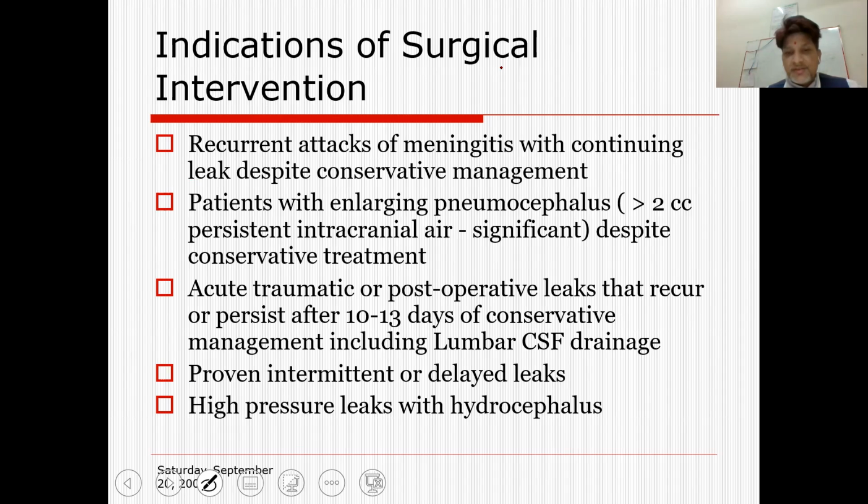Conchal cartilage and nasal septal cartilage are the two cartilages most commonly used for repair. Apart from that, artificial glue, also called fibrin glue, is used in layers. So this is not a single-layer repair. To have more success, you have to repair the leak in multiple layers, from the dural side.